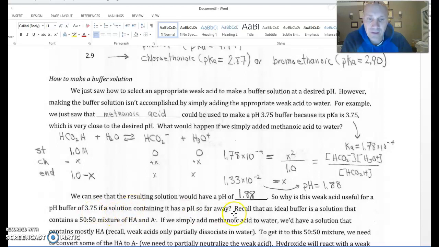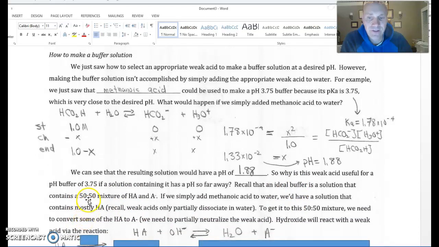The answer is to recall what an ideal buffer is. Remember that an ideal buffer is a solution that contains a 50-50 mixture, not just of the weak acid, but of the weak acid plus its conjugate base.